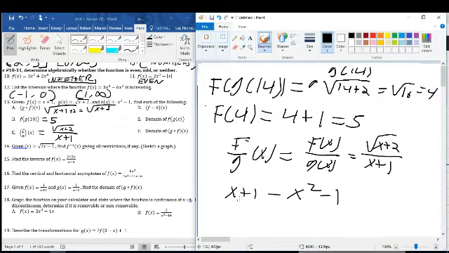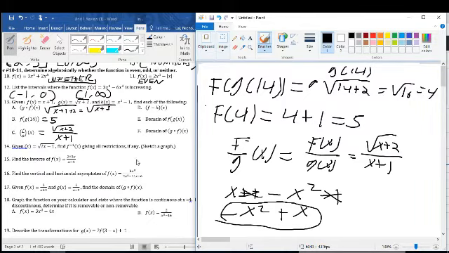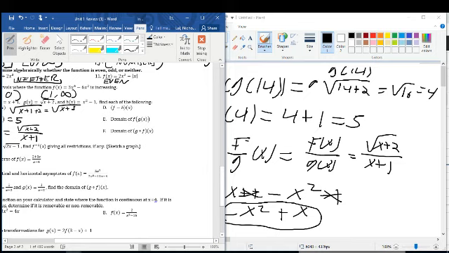So just combine the polynomials. That'll be negative x squared plus x, and the plus 1 minus 1 cancel out. This is negative x squared plus x.